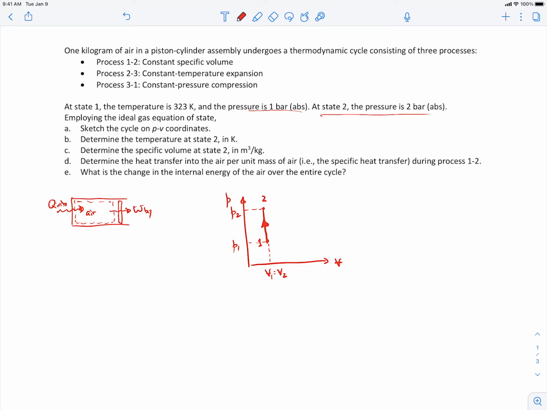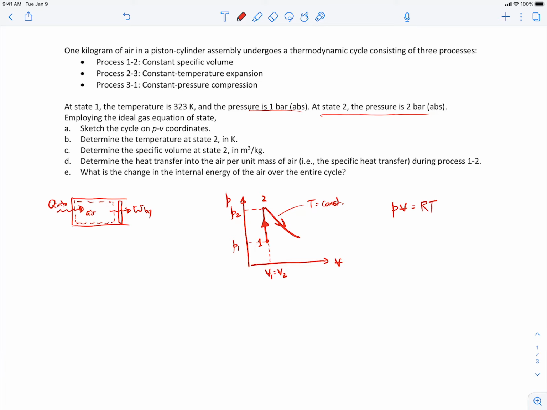Okay, from 2 to 3, it's a constant temperature expansion. So isotherms on a PV plot look like this. Let me clean that arrow up. That was a mess. Okay, so here's what an isotherm looks like. So this is temperature equals a constant. The reason I know that is for an ideal gas, we have the following expression.